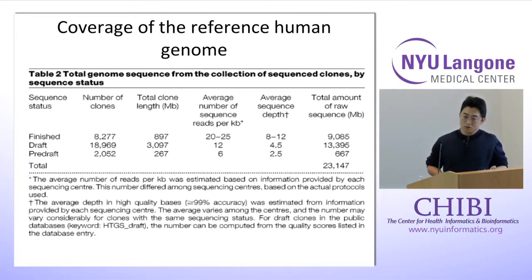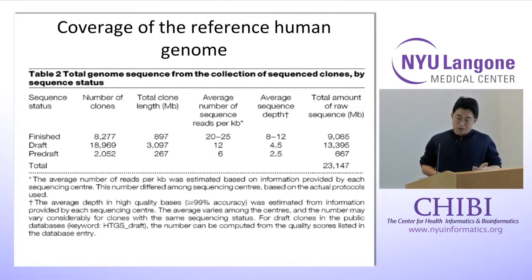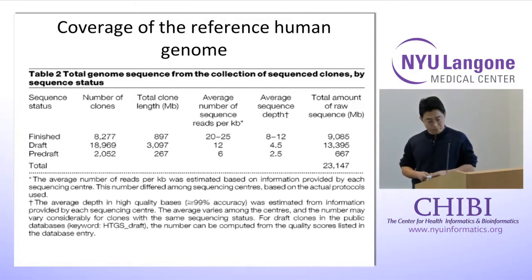That's why when you use HG18 or HG19, different human genome versions, you will see many different annotations and different structures. That's not a surprise, because they really keep updating, adding more reads and changing the assembly.